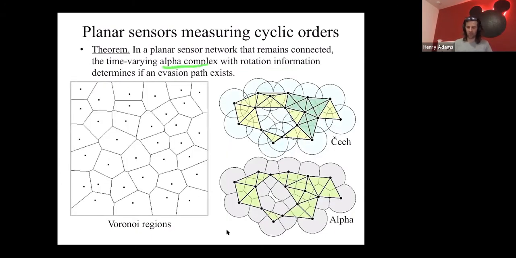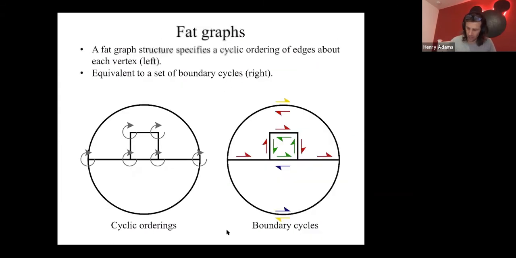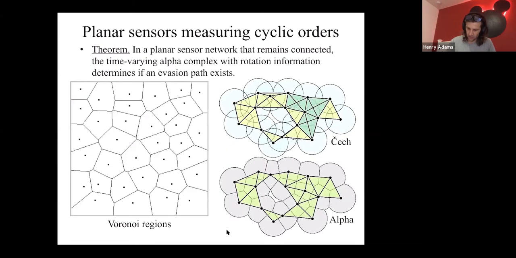What is an alpha complex? So the Čech complex has a vertex for each sensor. And then when two sensors overlap, it has an edge. And when three sensors have a point of triple intersection, you have a triangle. Okay, so that's the Čech complex. For the alpha complex, you have to do something different.